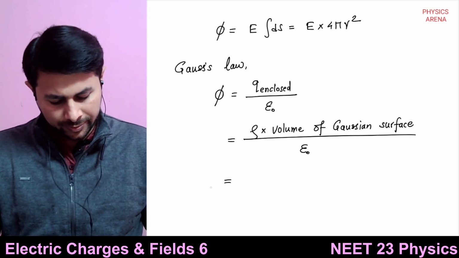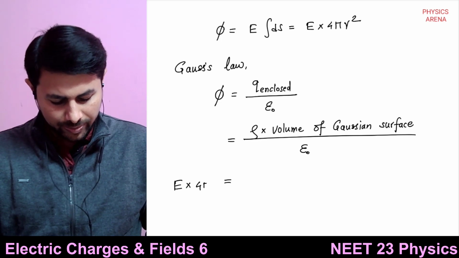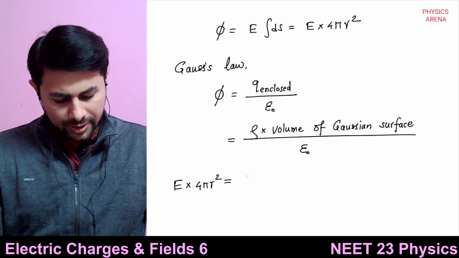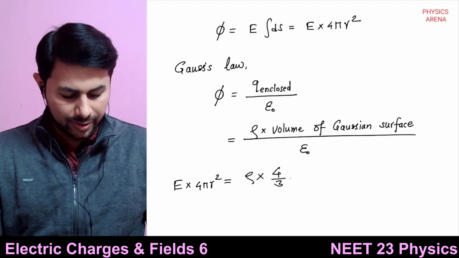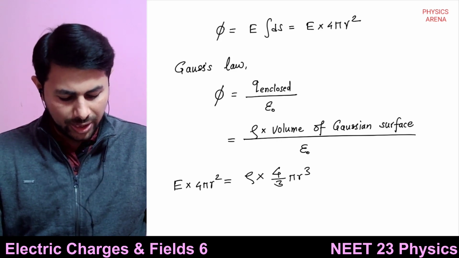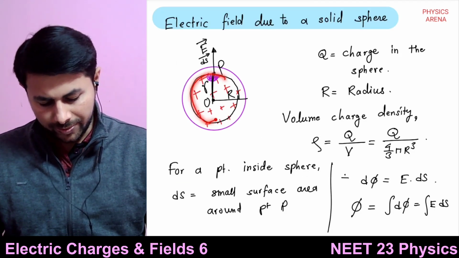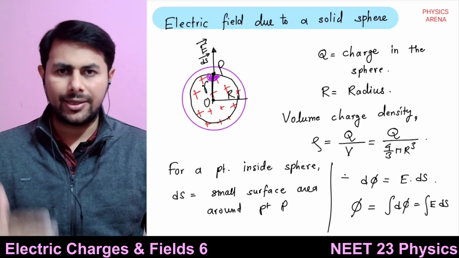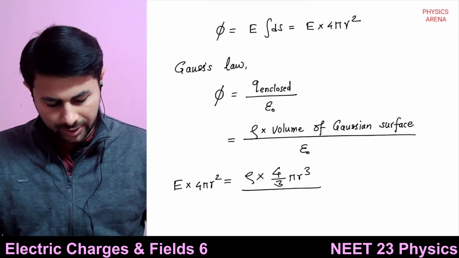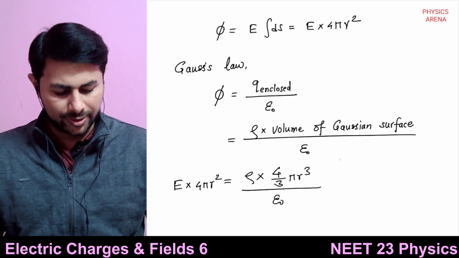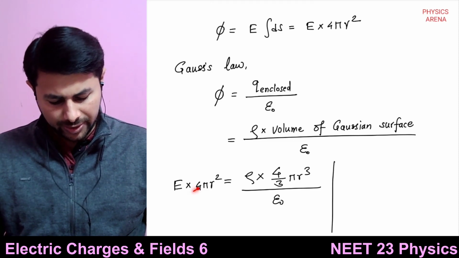So phi, which is E multiplied by 4 pi small r square, is equal to rho multiplied by 4 by 3 pi small r cube, that is the volume of this Gaussian surface, divided by epsilon naught.